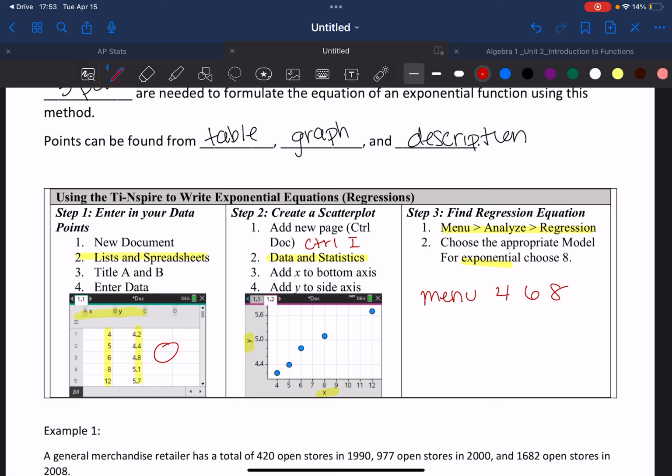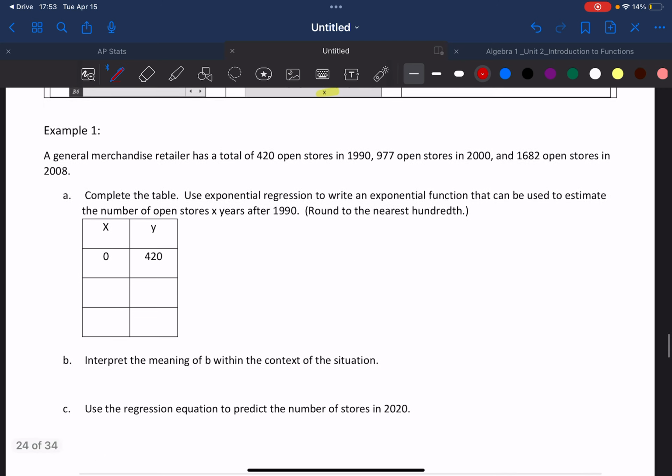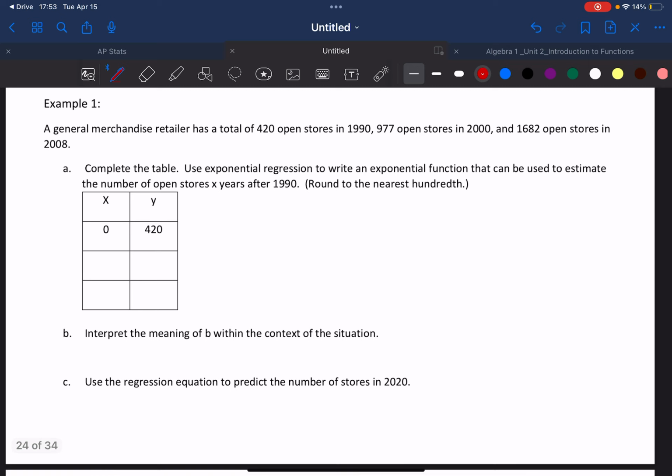Okay, so I'm going to go through these examples, and I'm not able to show the calculator side by side, so I'm just going to mention when we're using the calculator and where you would go on the calculator to answer this.